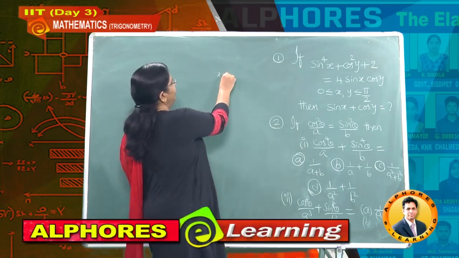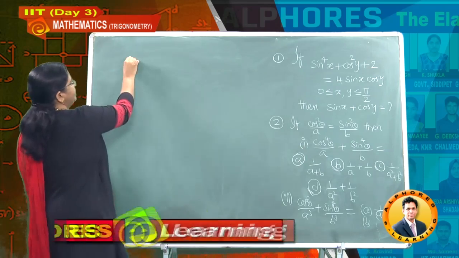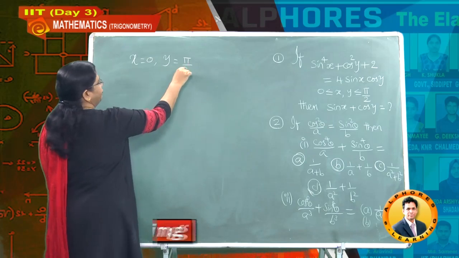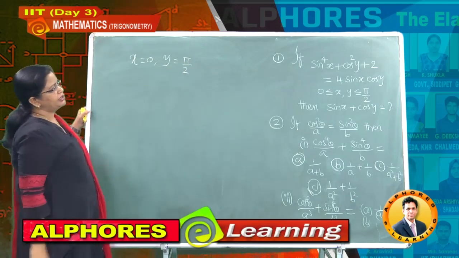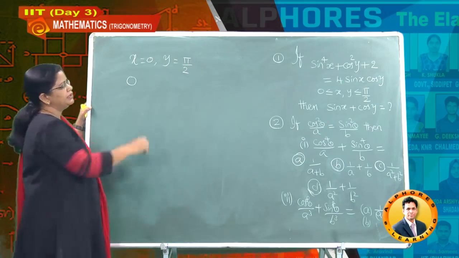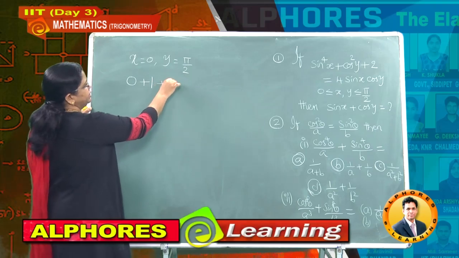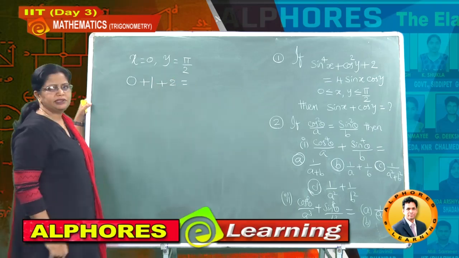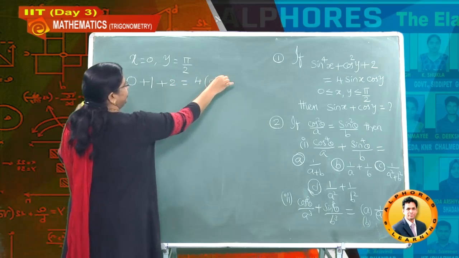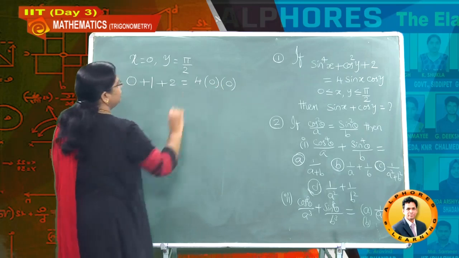If I write x equal to 0 and y equal to pi by 2, then in the given equation sin 0 is 0, cos 0 is 1, and next plus 2, and on this side you have 4 times sin x into cos y. So it is 4 into 0, and this cos y means again the value is how much here? 0.